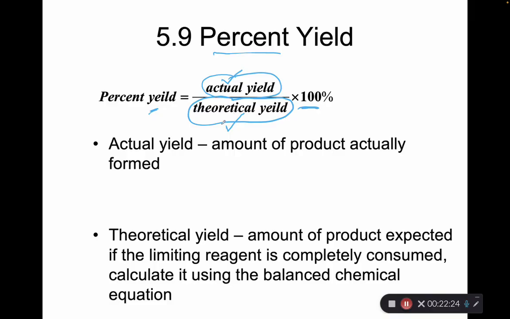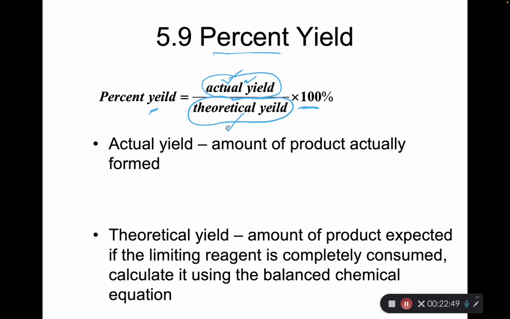This is funny because in the lab, no matter how hard we try, how careful we are in our experiment, the actual yield, or the actual mass (yield means mass) of the product will always be less than what was expected. Because there might be side reactions.